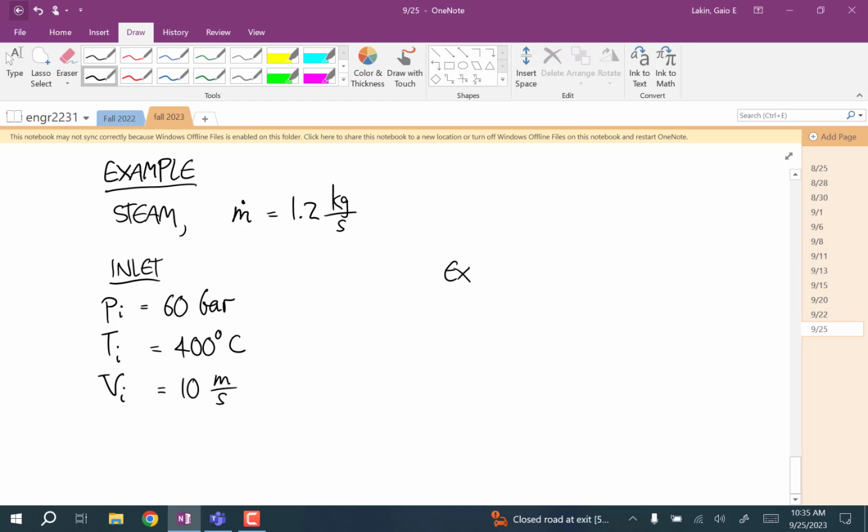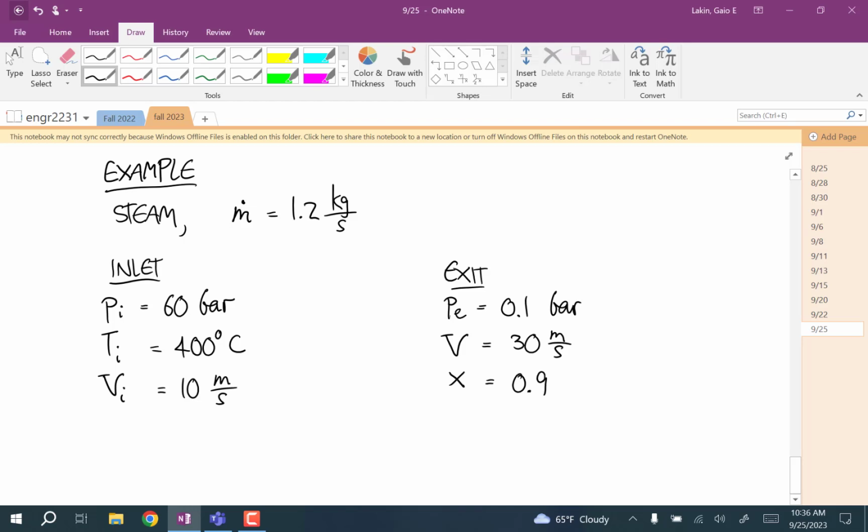And then at the exit, we have an exit pressure of 0.1 bar, a speed of 30 meters per second, and a quality of 0.9.